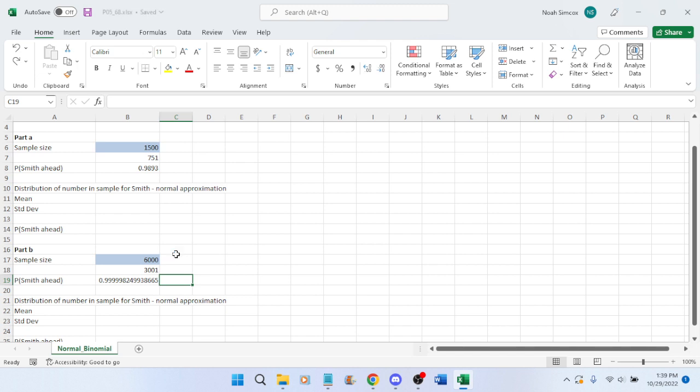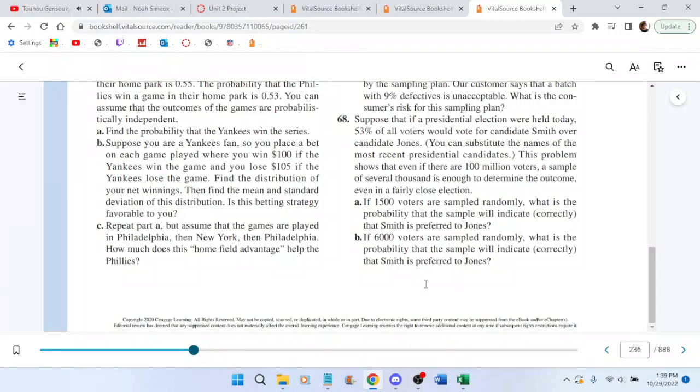It feels wrong, but I'm doing exactly what they told me. I'm doing it more than 50%. They say preferred. They say the real result is 53%. What's the probability that you're going to end up with over 50% when the real result is 53%? Obviously, it's going to be a high percentage.